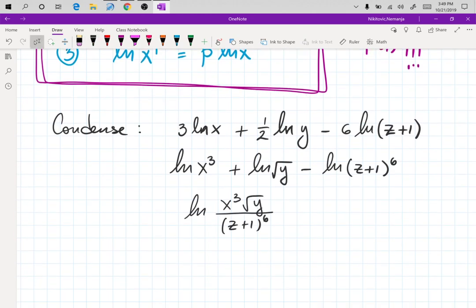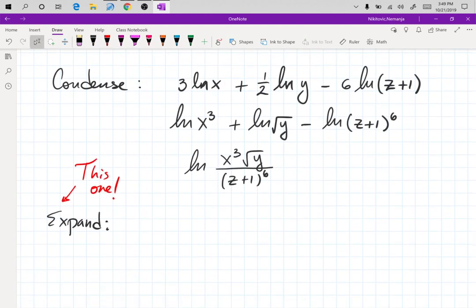Now, calculus uses the backwards procedure, which is expand. I put this one because that's the one that you need to practice the most, and that's the one that you will be using in every problem.